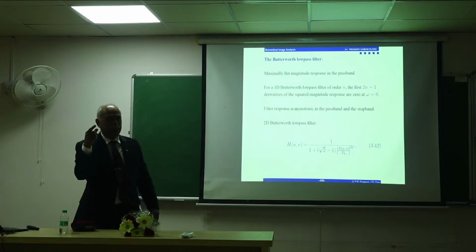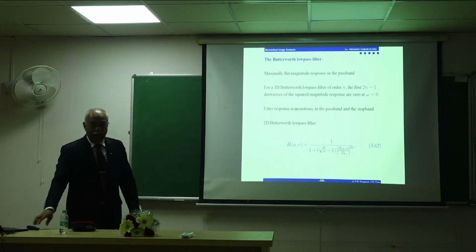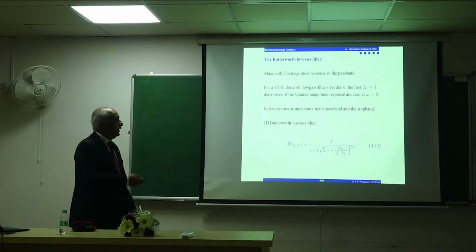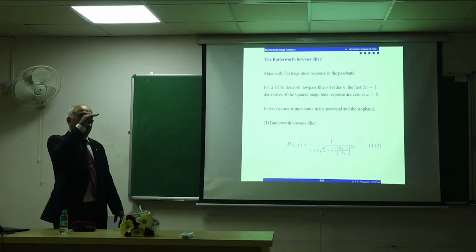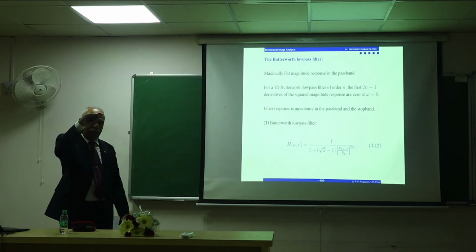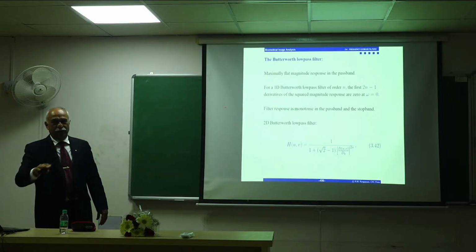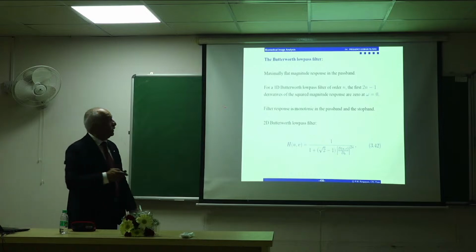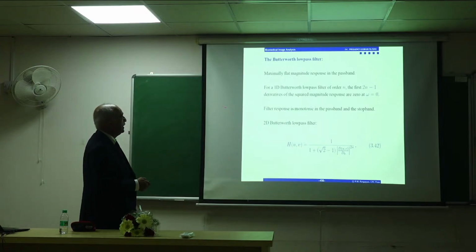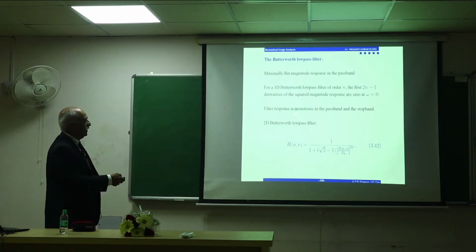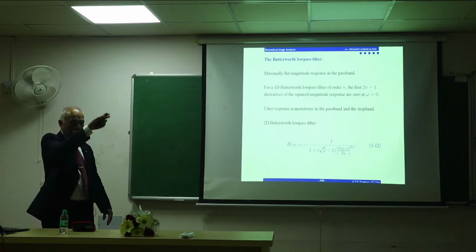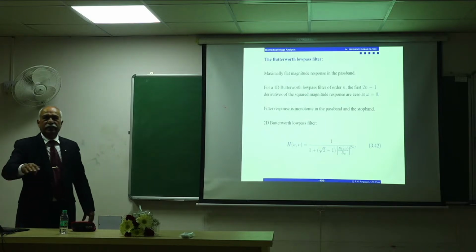How many orders of derivative depends on n. So the larger the n, the flatter the response in the pass band, and faster the transition from the pass band to the stop band. So those are the properties of this filter. And it is monotonic in the pass band and stop band, and monotonic in the transition too.